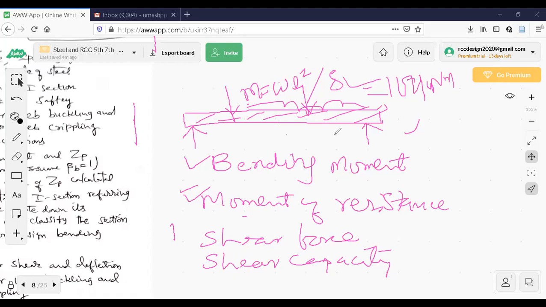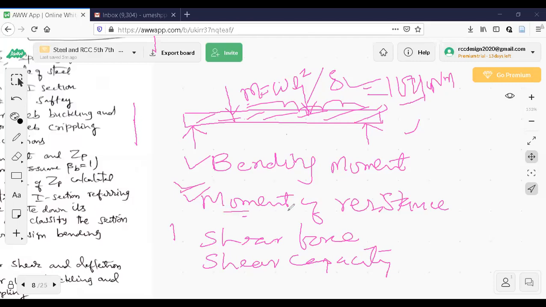Now, how do you say that this beam is going to resist this much bending? On what basis will you say that? On the basis that I will find out moment of resistance. After finding the moment of resistance, that value is compared with 100 kN meter.